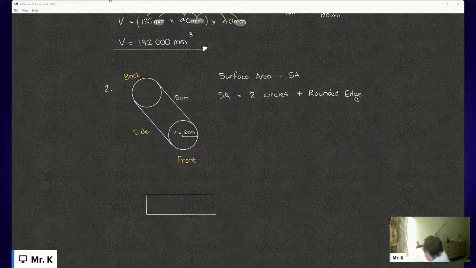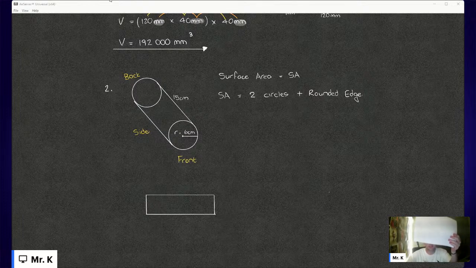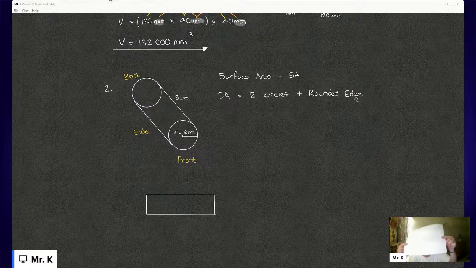into its net, we would have a rectangle for this curved edge over here, the rounded edge. If you think about it, if I take a simple piece of paper like this one in front of me, you guys should be able to see my little camera at the bottom right of the screen.